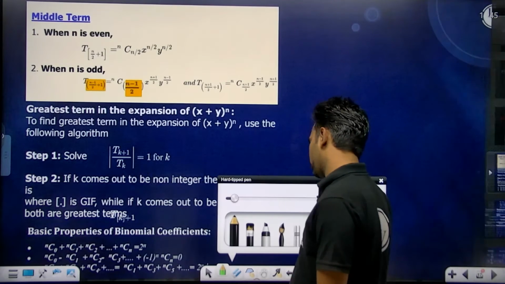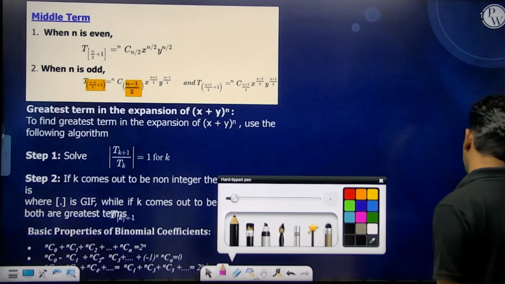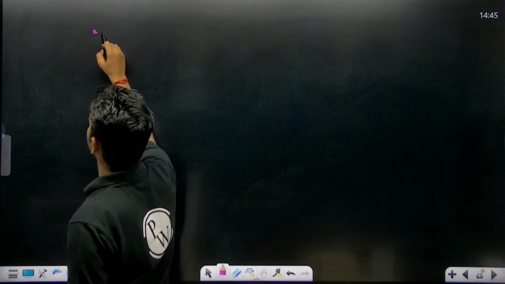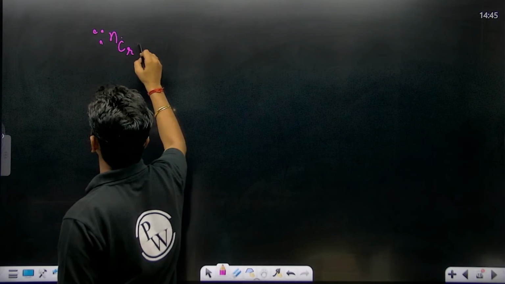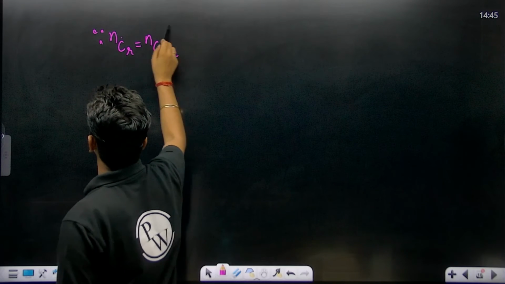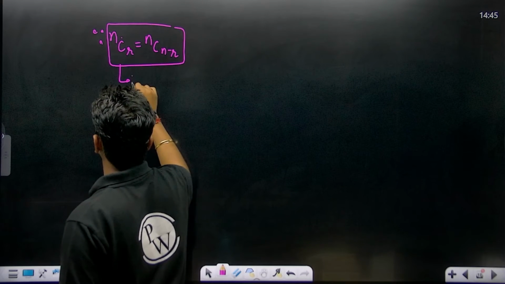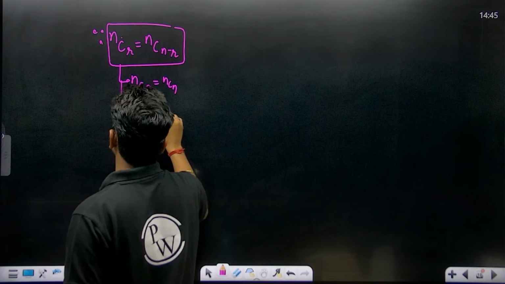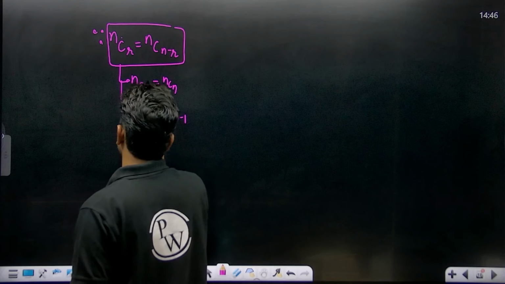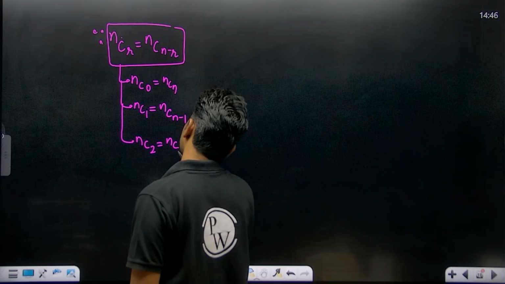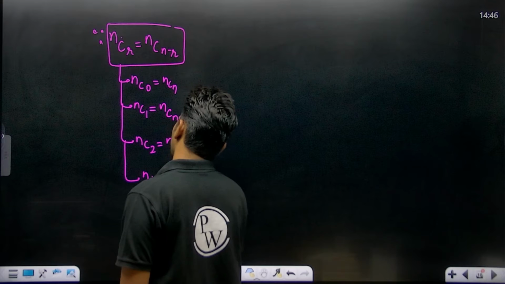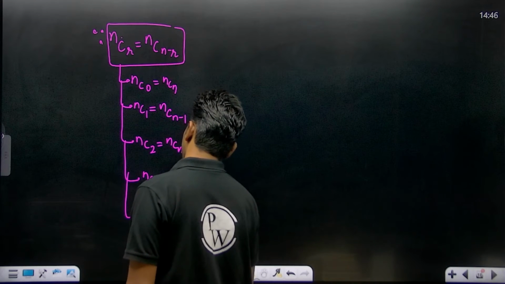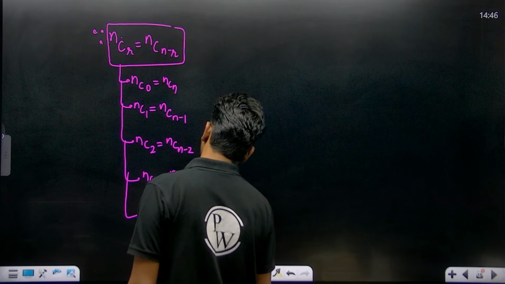So let's talk about middle term. Now let me tell you a concept before I move into this particular thing. Since we know the property that nCr equals nCn minus r, with the help of this property we can say that nC0 will be equal to nCn always, nC1 equals nCn minus 1, nC2 equals nCn minus 2, nC3 equals nCn minus 3, nC4 equals nCn minus 4, and so on.